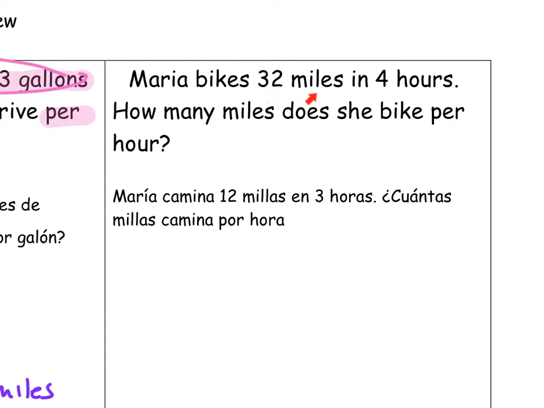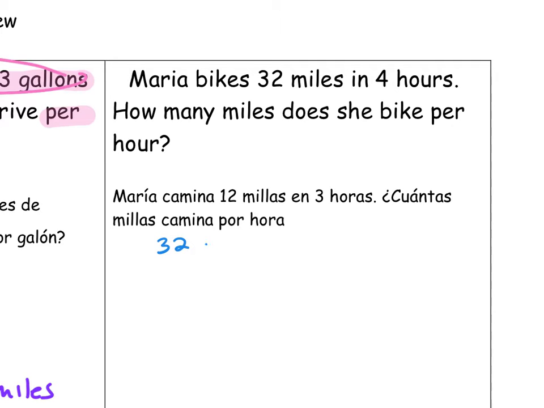Maria bikes 32 miles in 4 hours. How many miles does she bike per hour? So what would the ratio look like if we set it up based on the information that's given? If you said 32 over 4, you'd be correct.